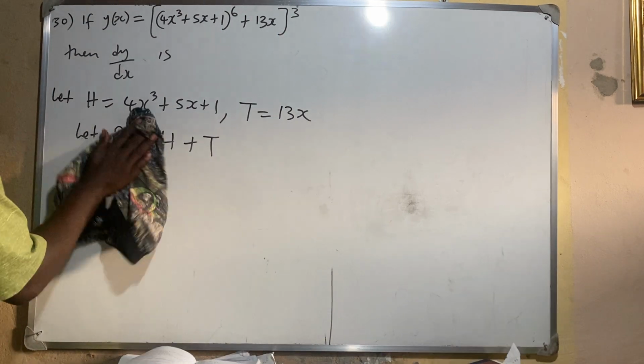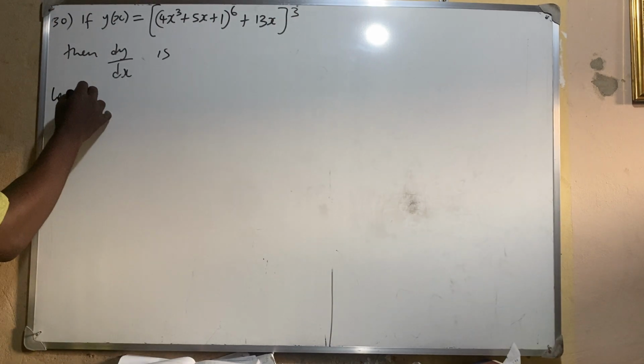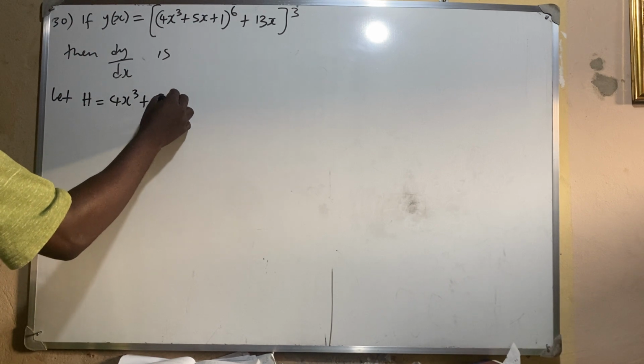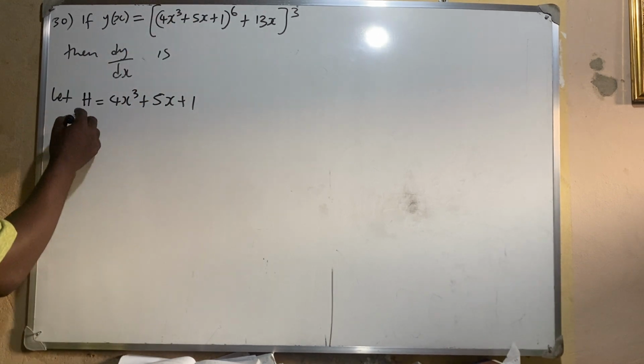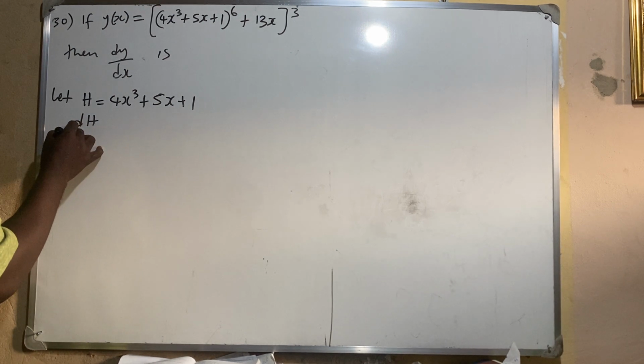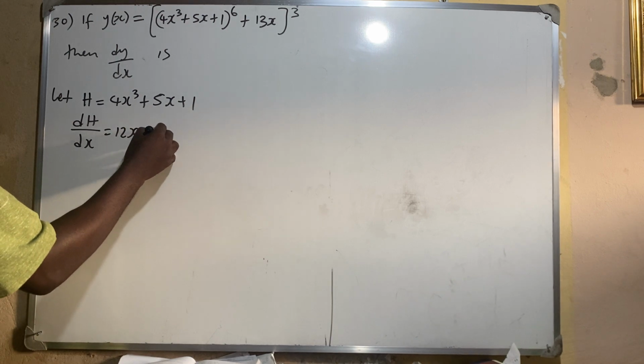Let me be getting it one after the other. Let me say let h be equal to 4x raised to the power 3 plus 5x plus 1. So my dh dx simply means 12x plus 5.